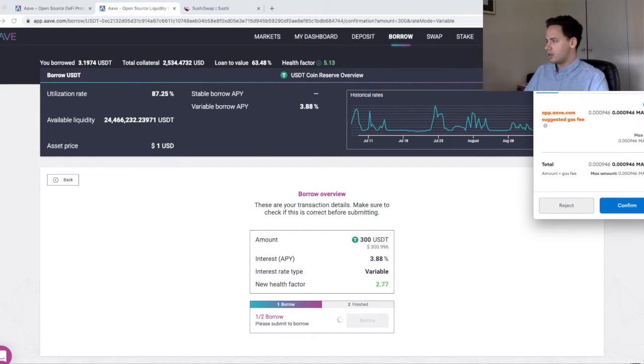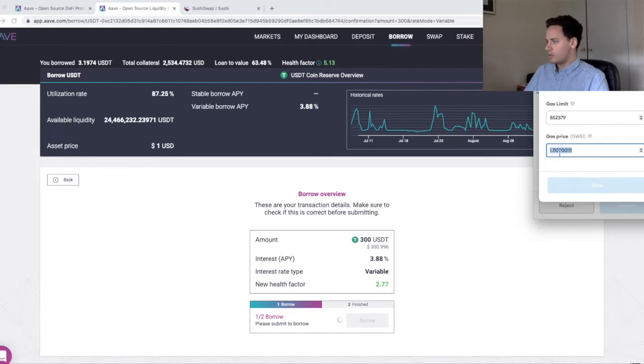once MetaMask loads. So to transact on the Polygon blockchain, you're going to need the native asset Matic. Sorry, just a bit laggy.